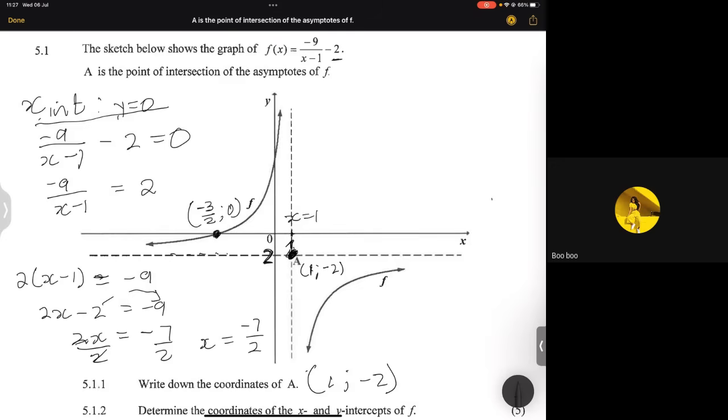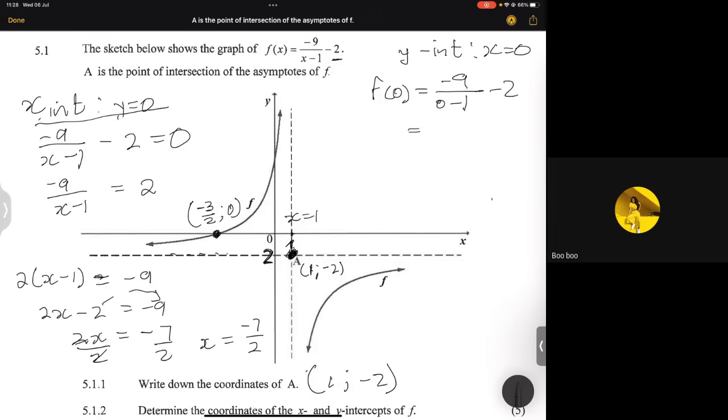Okay, right, now let's find the y-intercept. So this is where x is equal to 0. So this is f of 0. This is the y-intercept. We know x is equal to 0. So f of 0 is minus 9 over 0 minus 1 minus 2.